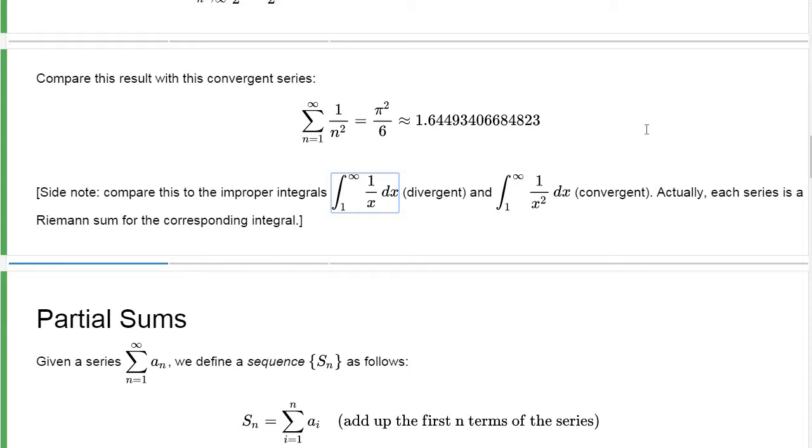The integral from 1 to infinity of 1 over x diverges, but the integral from 1 to infinity of 1 over x squared converges. And actually these series are Riemann sums for the integral. So this is a Riemann sum for this integral, and the harmonic series is the Riemann sum for this integral, so I guess it kind of makes some sense.